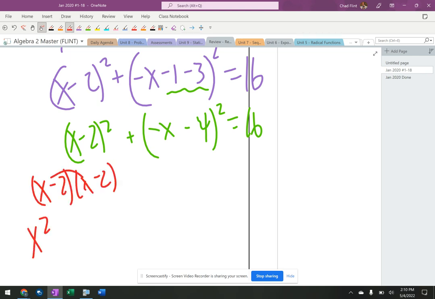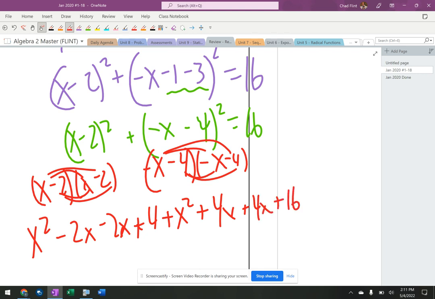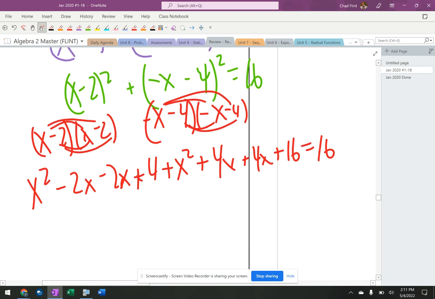That's going to give me x squared minus 2x plus 4, plus x squared plus 4x plus 16. I combine like terms, so I get 2x squared plus 4x plus 20.